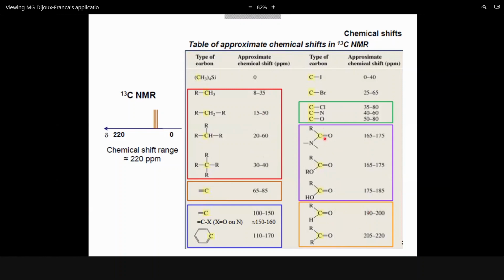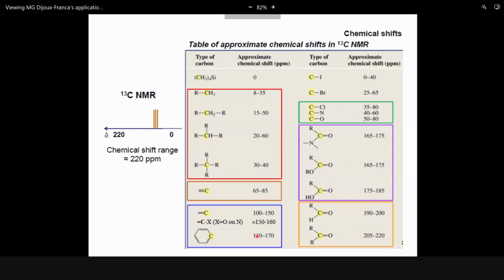Ether, amide, ester groups are between 160 and 180. And ketone and aldehyde groups are usually between 190 and 220.